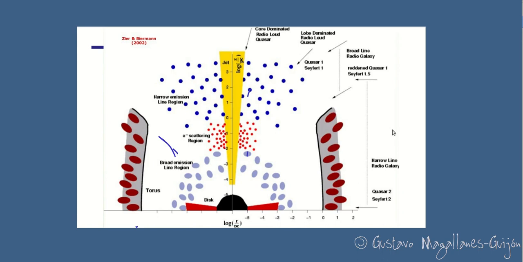There are some regions close to the black hole too, the broad emission line region and the narrow emission line region. These zones are important because in them there are gas and dust, and we can see the optical properties of these objects.